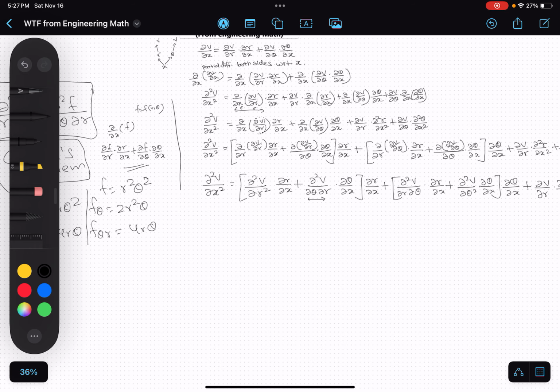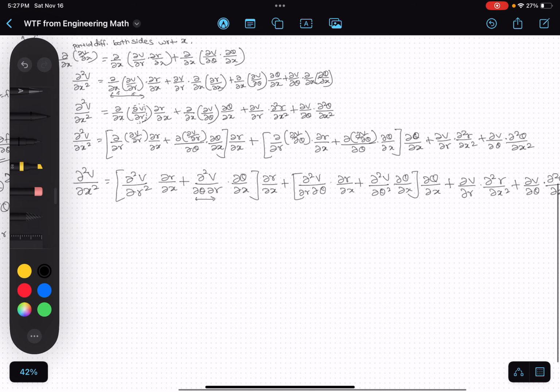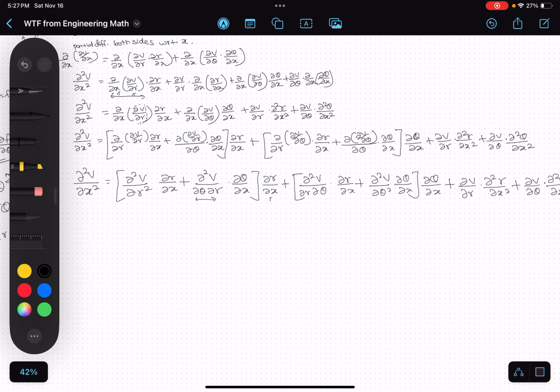First of all, let us do some more algebra before going there, because we have to multiply with this expression inside the brackets, right? That's a style thing, but we still have to do. So over here it's partial square b by partial r square times partial r by partial x whole square, plus, now before writing this, I'll just write the product of these two expressions, right?